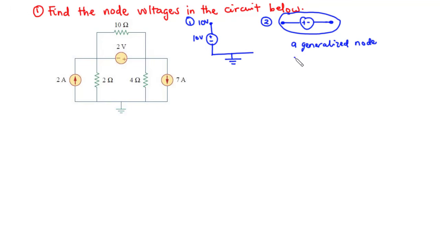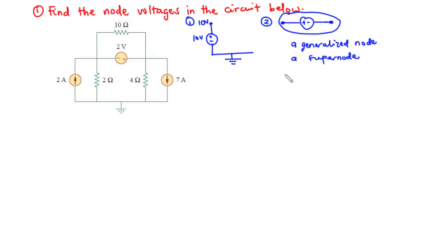A supernode is formed by enclosing a voltage source which is between two non-reference nodes, whether dependent or independent, and any element which is connected in parallel with it. So using this idea, we are going to solve our first question and then move on to the next question.